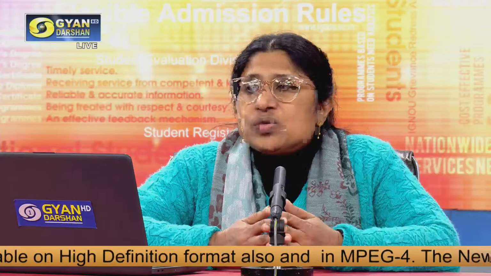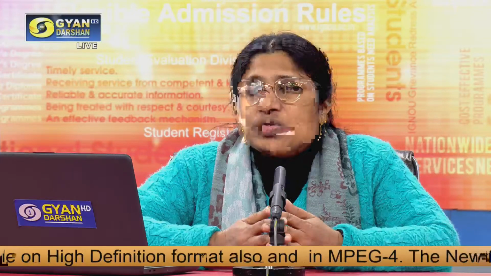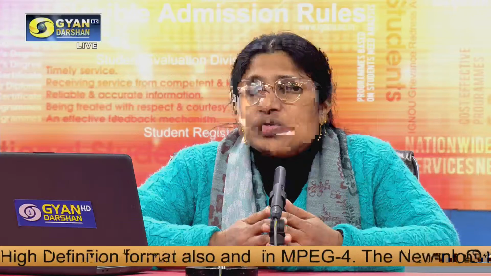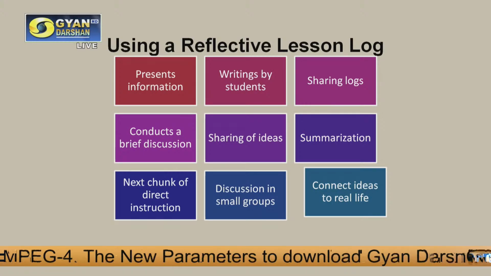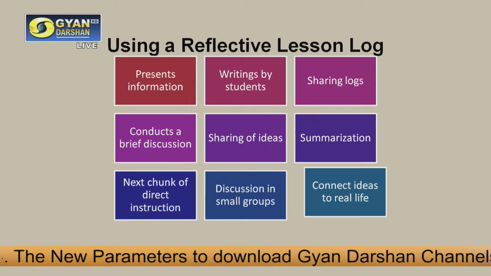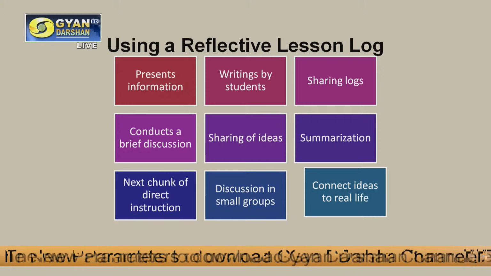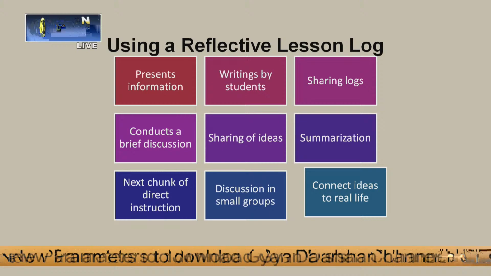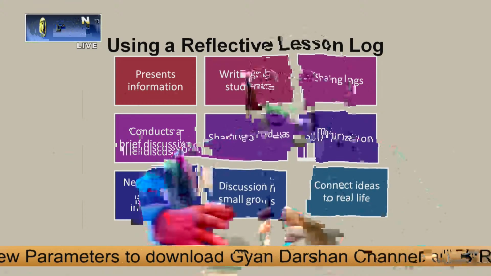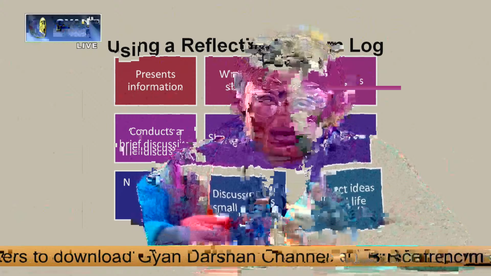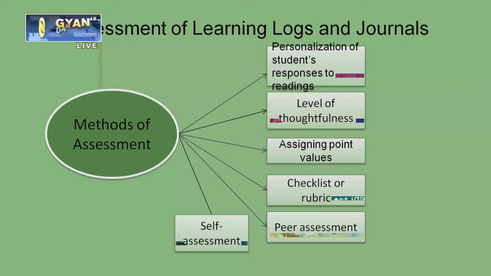So what is included in using a reflective lesson log? We can see that it presents information, writings by students, sharing logs, it conducts brief discussion, sharing of ideas, summarization, next chunk of direct instruction, discussion in small groups, connecting ideas to real life. So some examples when we think of a learning log, a learner adds his or her own ideas.